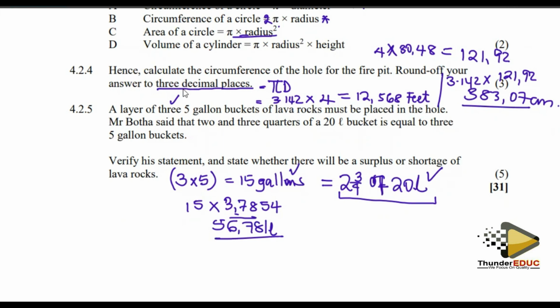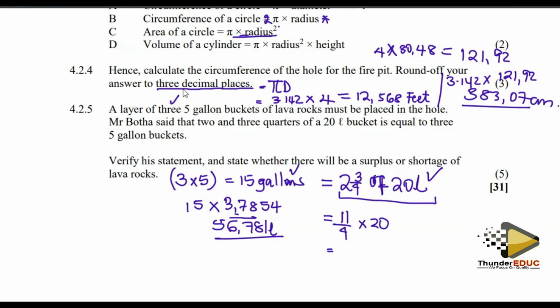Then this other side, you don't need to look for liters, but otherwise, we need to look for 2.75 of 20 liters. So what is it? That's what we are going to do. 2.75. This is same as 11 out of 4 times 20.